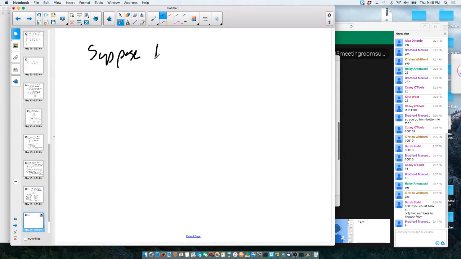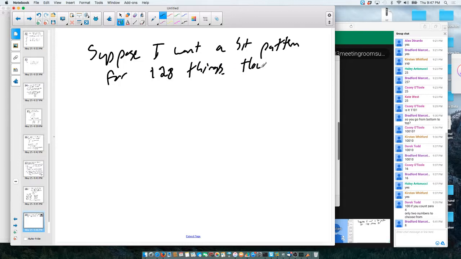Okay, so the homework I think has questions like, suppose I want a bit pattern for some number of things, 128 things. How many bits is that?